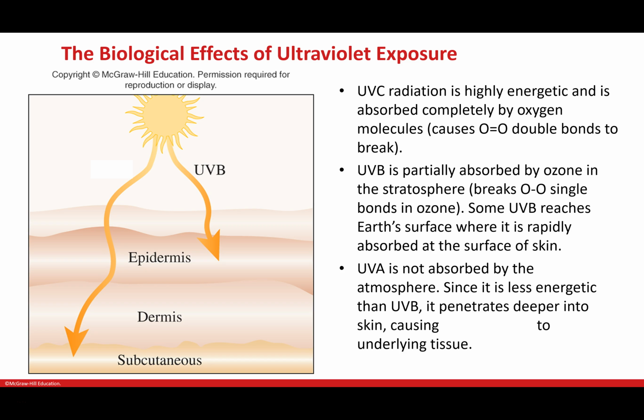And then the UVA comes right through the stratosphere, and your textbook will say the reason that it gets farther into our skin is because even though it's less energetic, the UVB just kind of loses all its energy right at the top. So UVA and UVB can both do that.